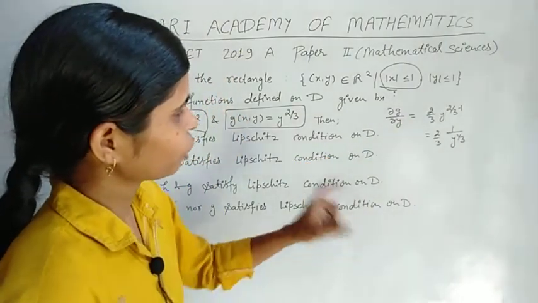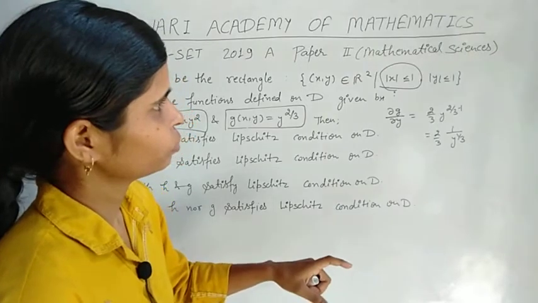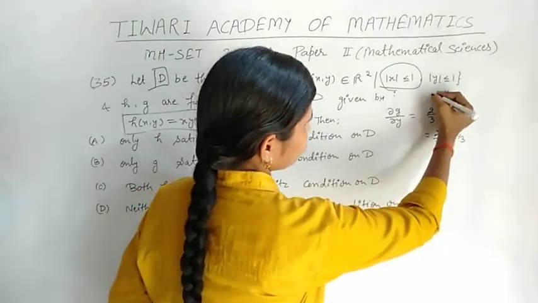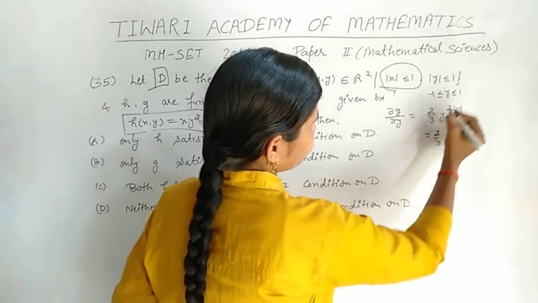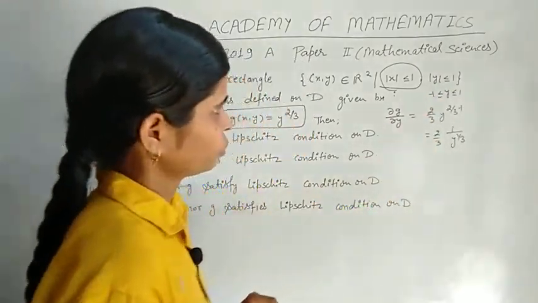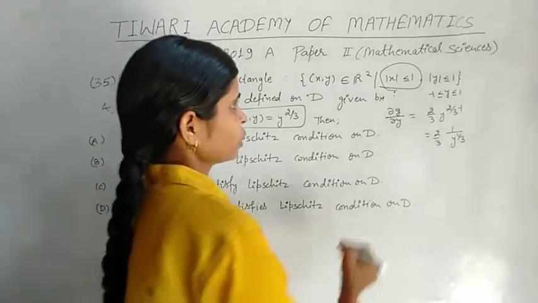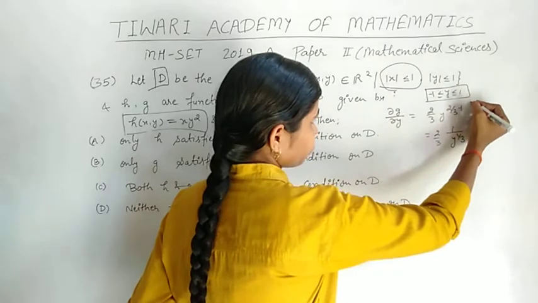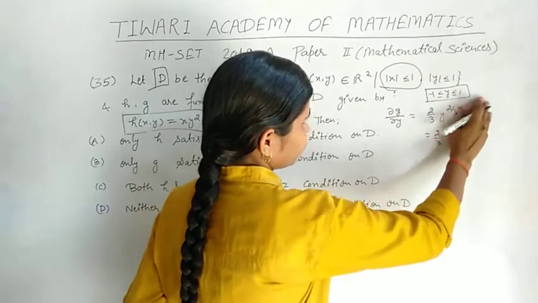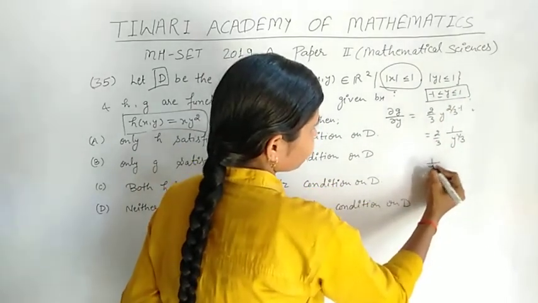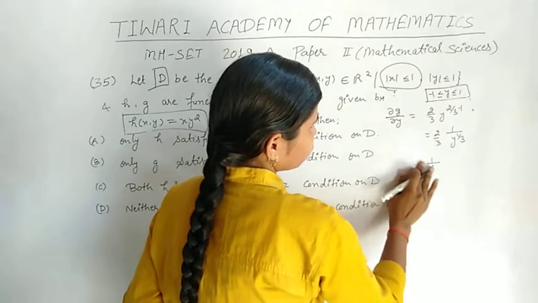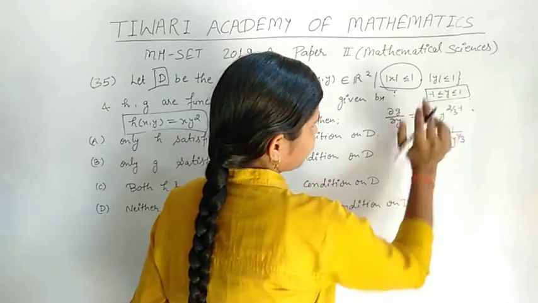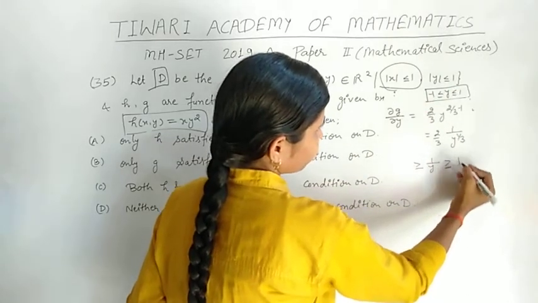If we take 1 by y, here y is bounded. If we take 1 by y, then it converts into 1/y, greater than or equal to less than greater than or equal to 1 by 1.